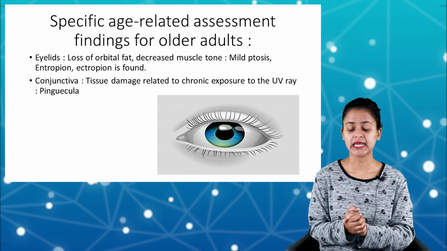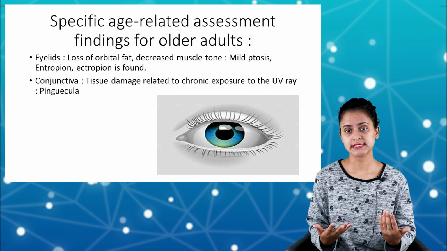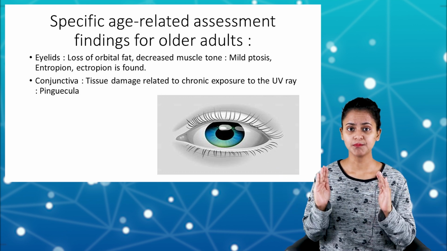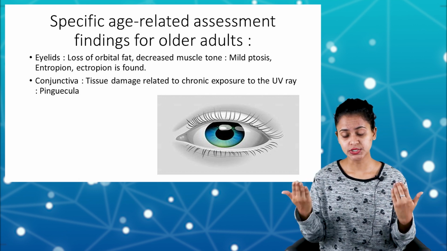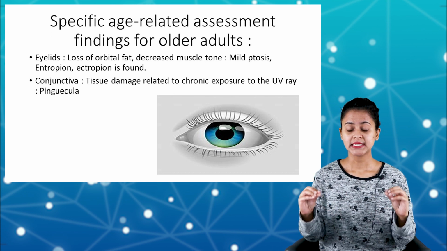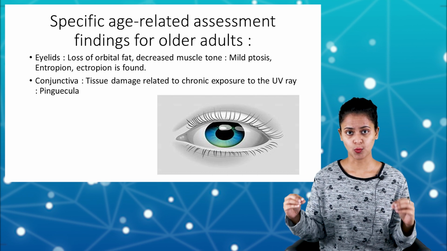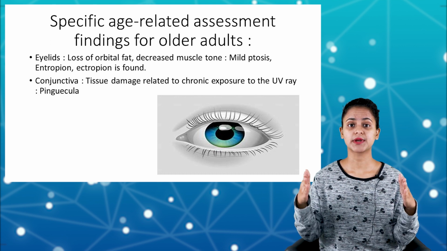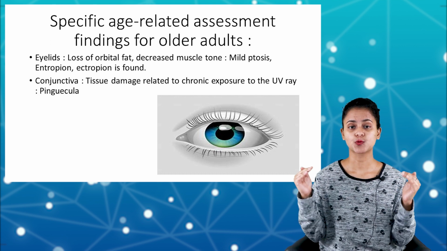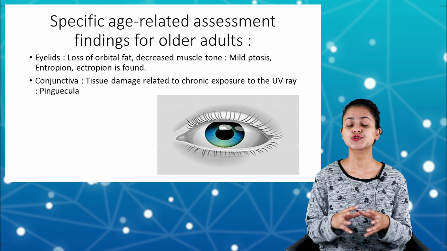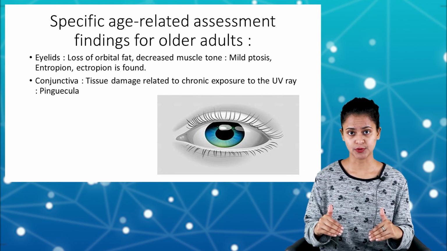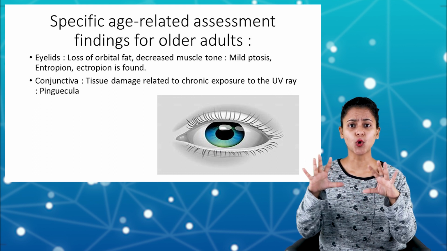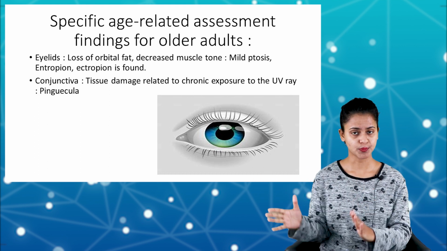The next comes the eyelids. Often we see that older people lose their orbital fat and there is decreased muscle tone. That is the reason most old age people present with mild ptosis. There can also be development of ectropion and entropion. It is very commonly seen among the old age population.